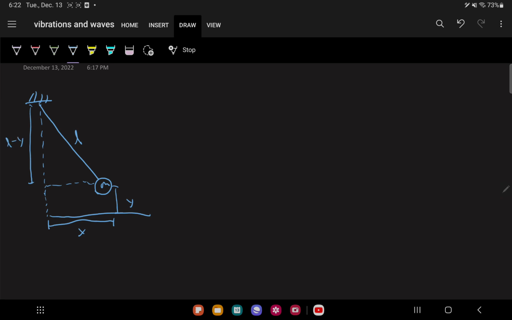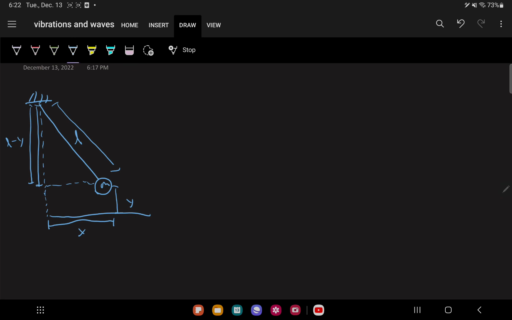Well, you might say that's not logical because this length is different from this, right? But notice that you can approximate the length when the angle is small. There might be a small angle, but the lengths of these two lines are pretty identical.